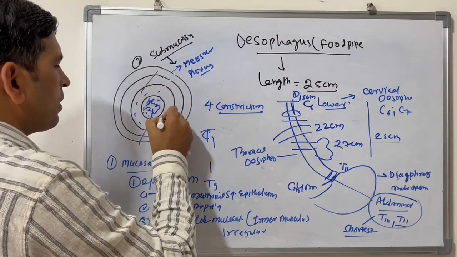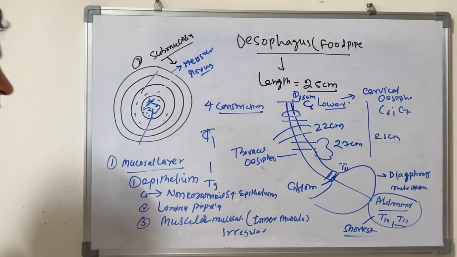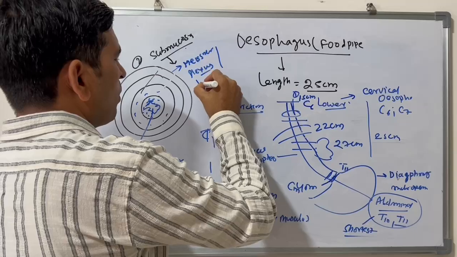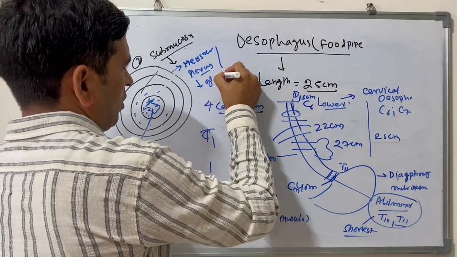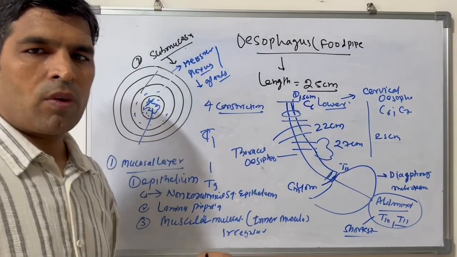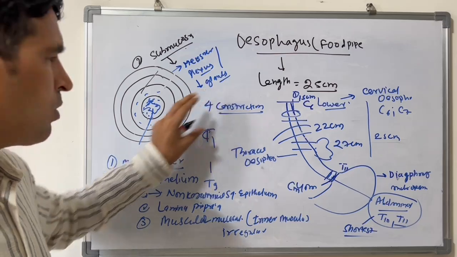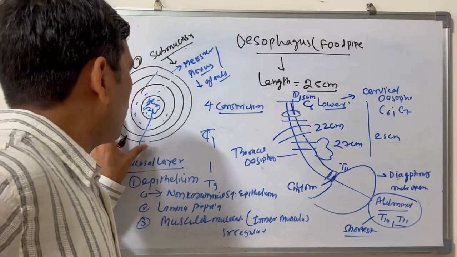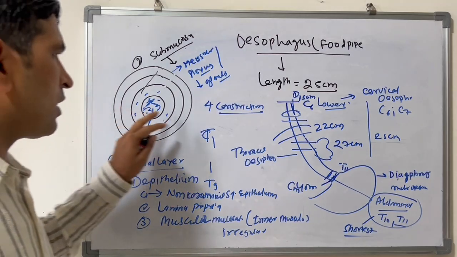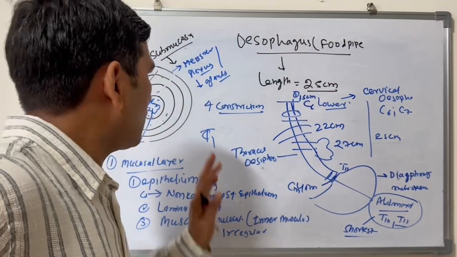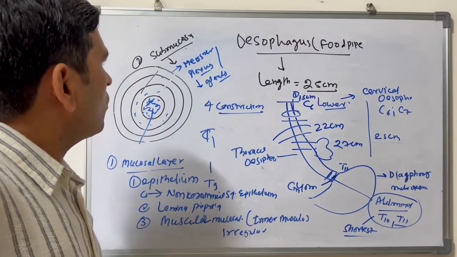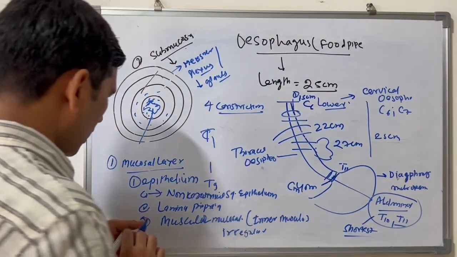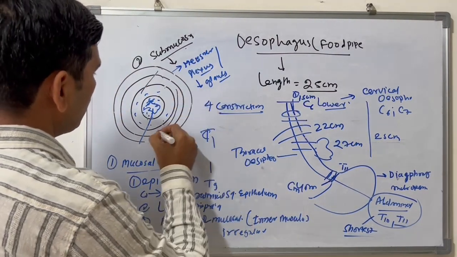The submucosa also has glands, the tubuloacinar glands, which secrete enzymatic digestive juice into the saliva.